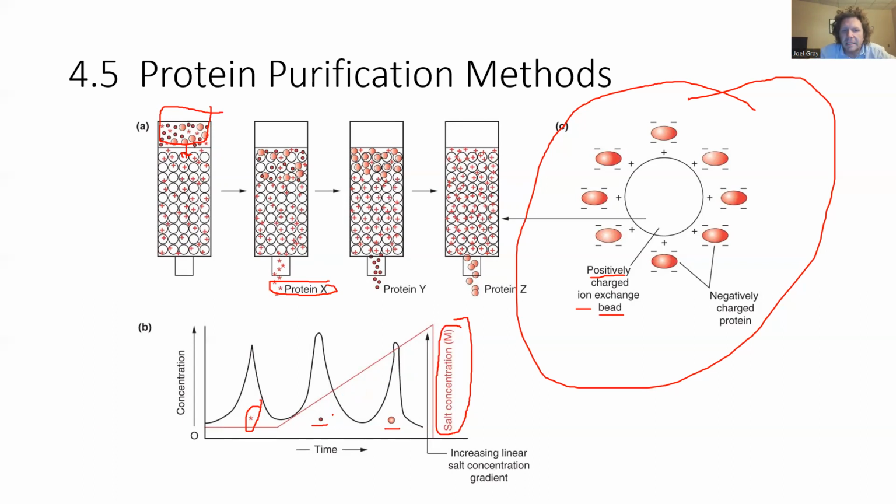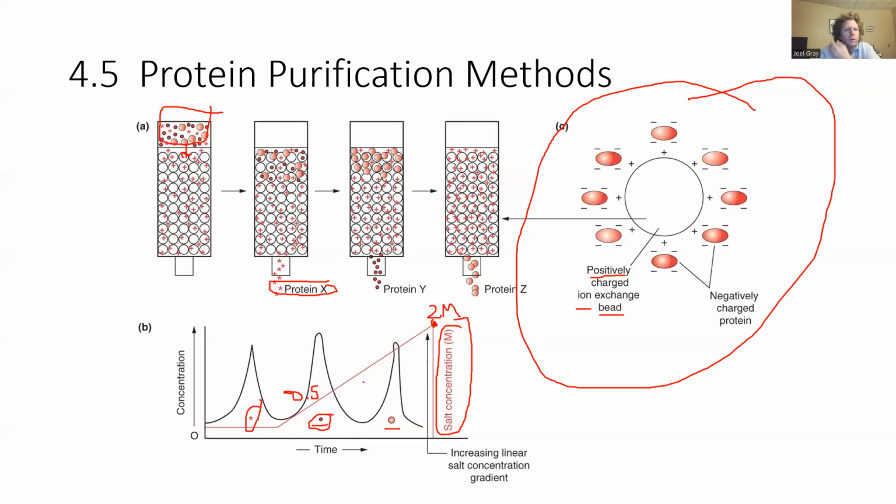So what that means is that this protein right here that I've just circled, protein Y, elutes with, let's say, 0.5 molar NaCl. And then let's say that this point right here is where our salt concentration is 2 molar.